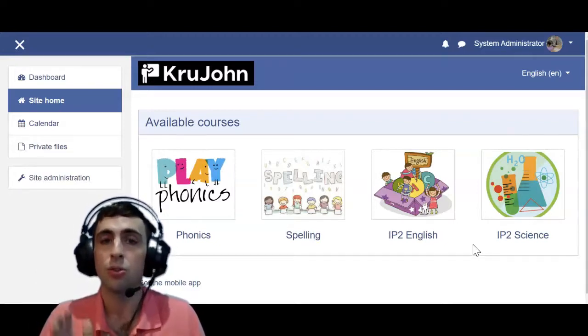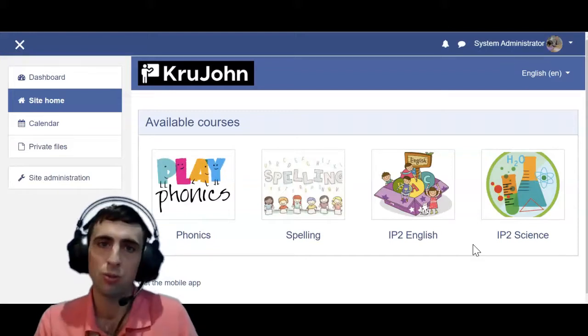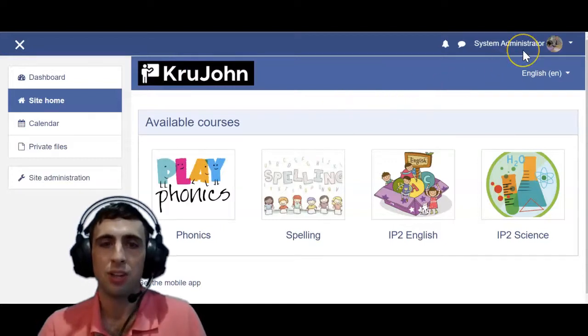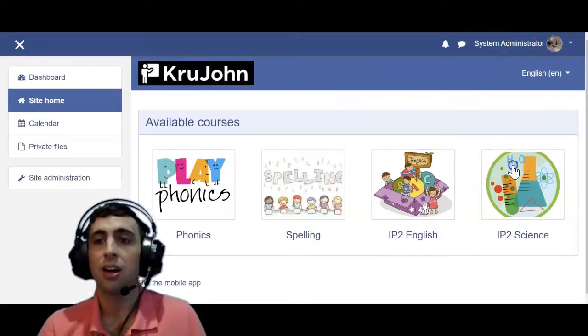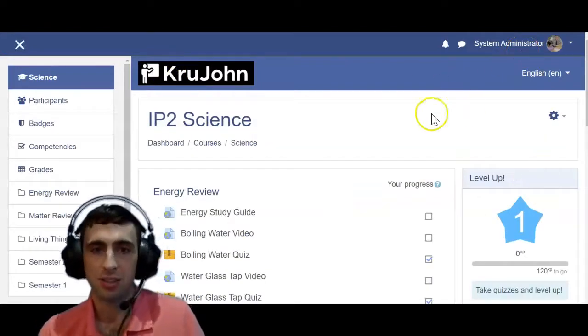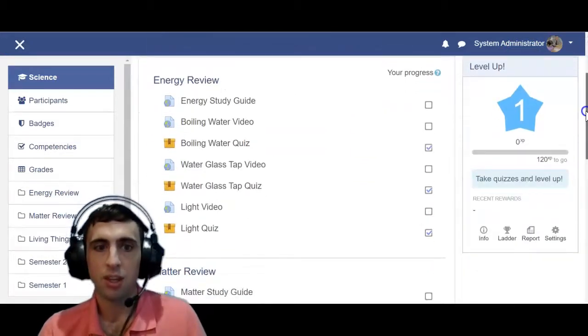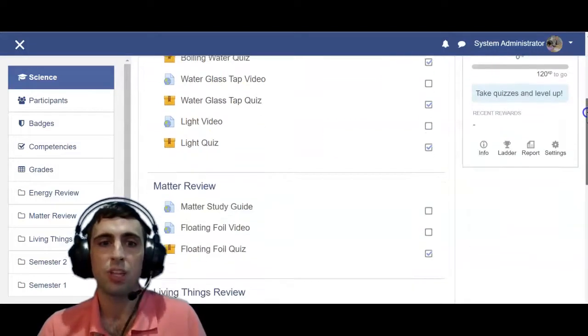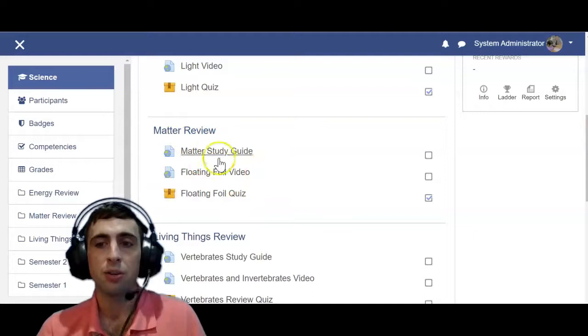To start our lesson, we need to go to crewjohn.com. Don't forget, you need to log in and click on IP2 Science. Now we will go down. We've finished our energy review, and now we are moving to matter review.